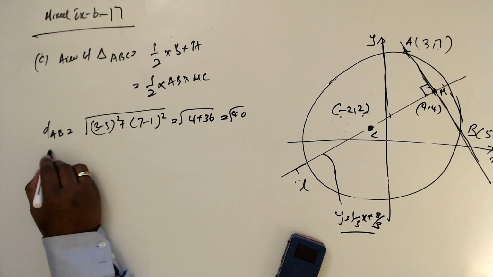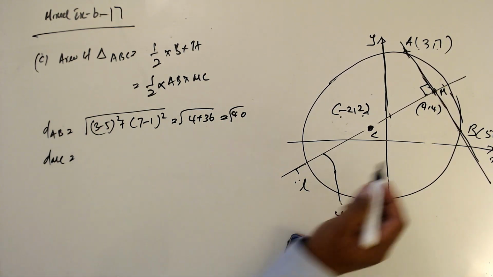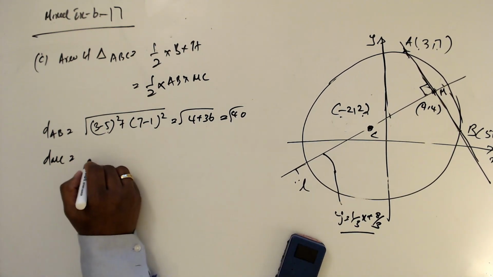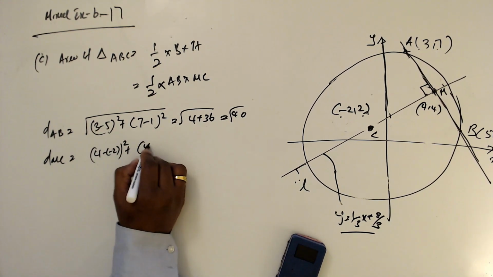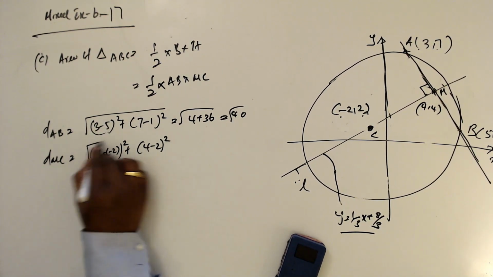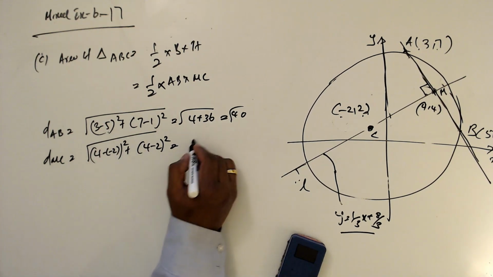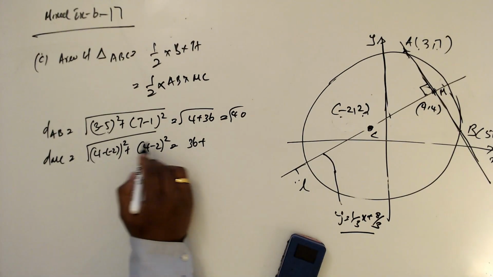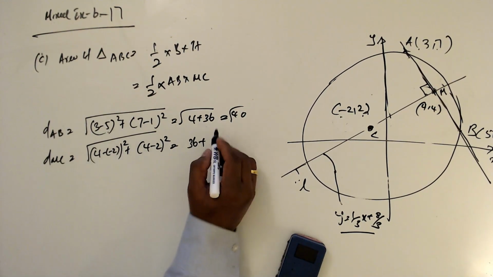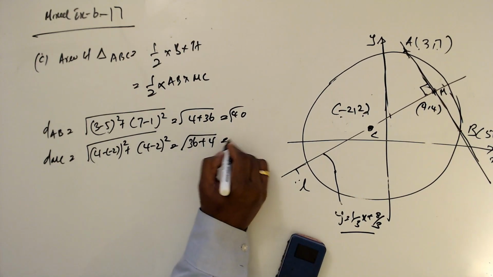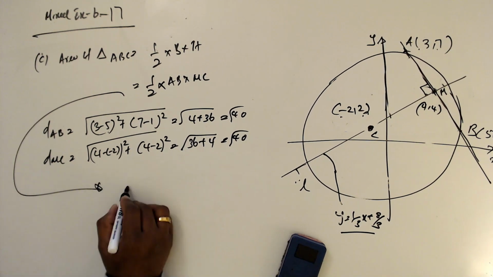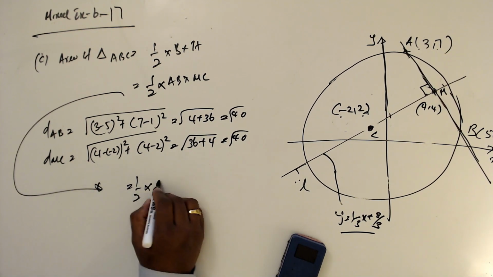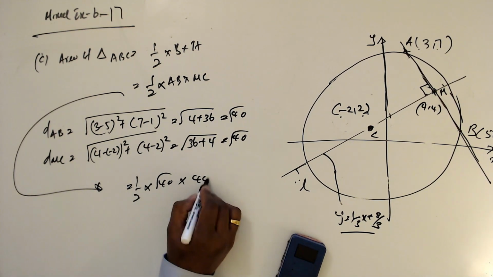Then I need the distance MC: (4 minus minus 2) squared plus (4 minus 2) squared. This is 6 squared, 36, plus 4 minus 2, 2 squared, 4, which is again 40. Then the area is half times square root 40 times square root 40.